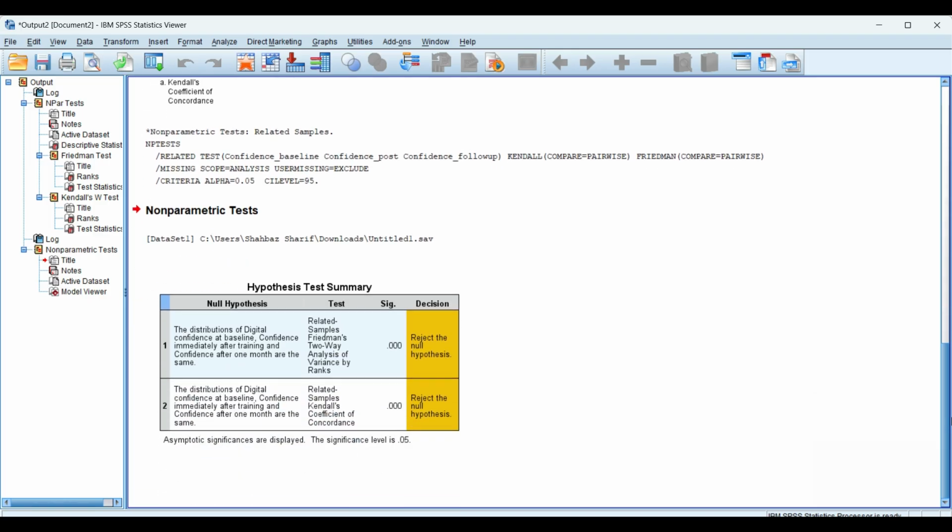Okay, so we can see here, as per our p-value, when we compare, there is a rejection of the null hypothesis in both cases. The first case is because we are comparing the baseline with immediately after training and then the baseline with after 1 month.